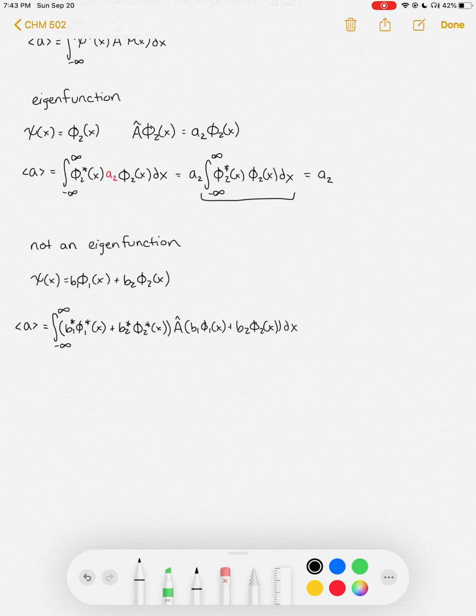First, we are operating on two eigenfunctions of operator A with operator A. That means all that is doing is multiplying each of those terms by a constant.